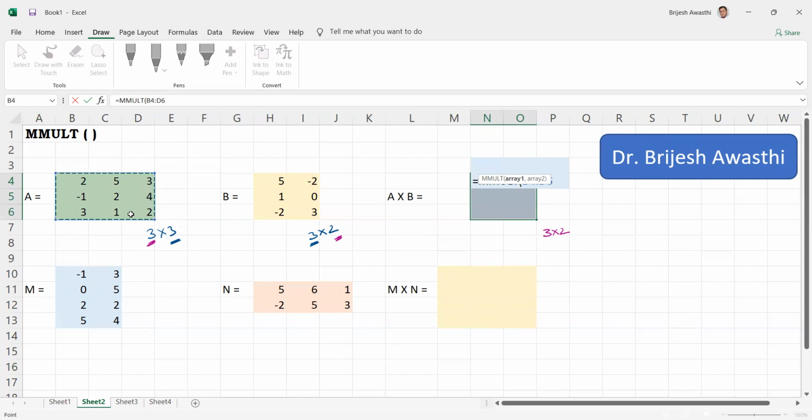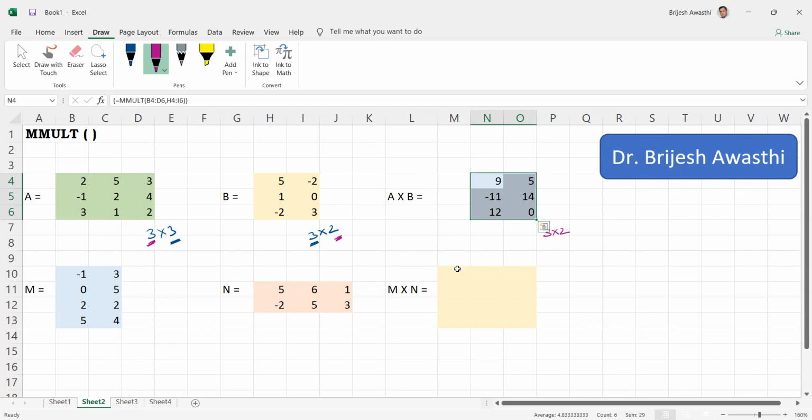Then comma for the next argument, and I will select the next array, array 2, and close the bracket and enter. Before entering, you have to remember one thing: you have to press Ctrl and Shift keys together, then enter. You will get the multiplication of the two matrices. This is the output of A into B.